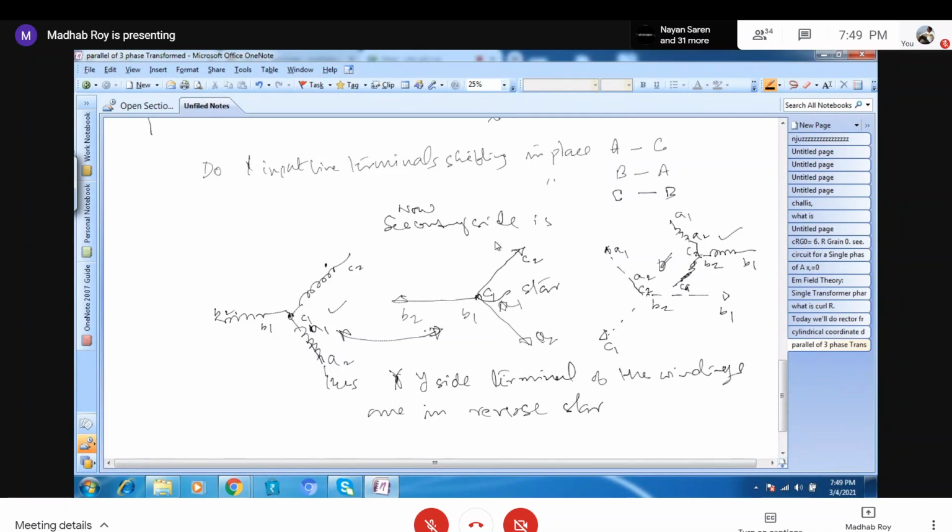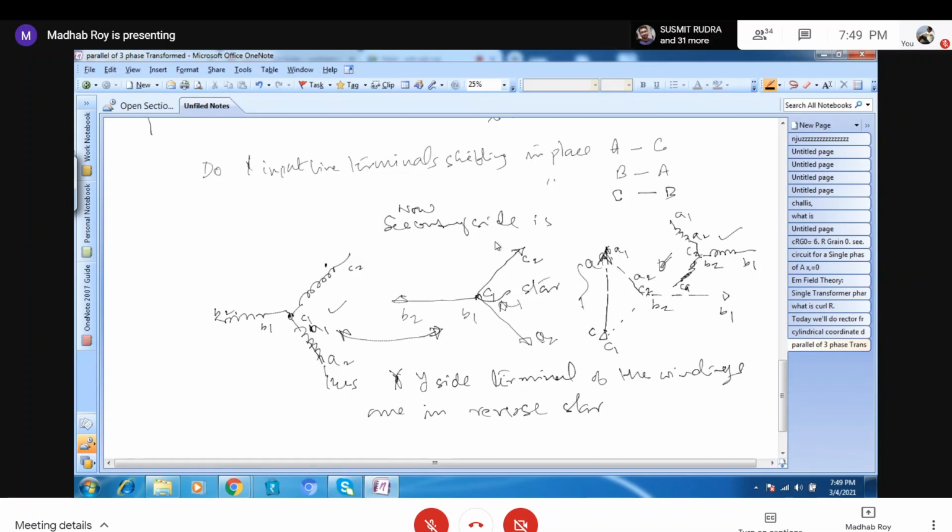We have changed the star connection to the reverse of the winding. Reverse star. And so, what is the phasor now? You see that. So this is now the secondary C and A phasor.